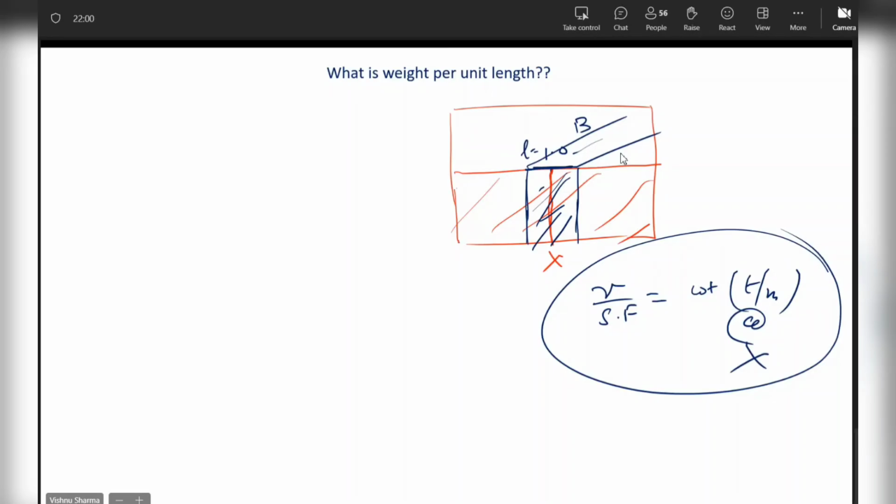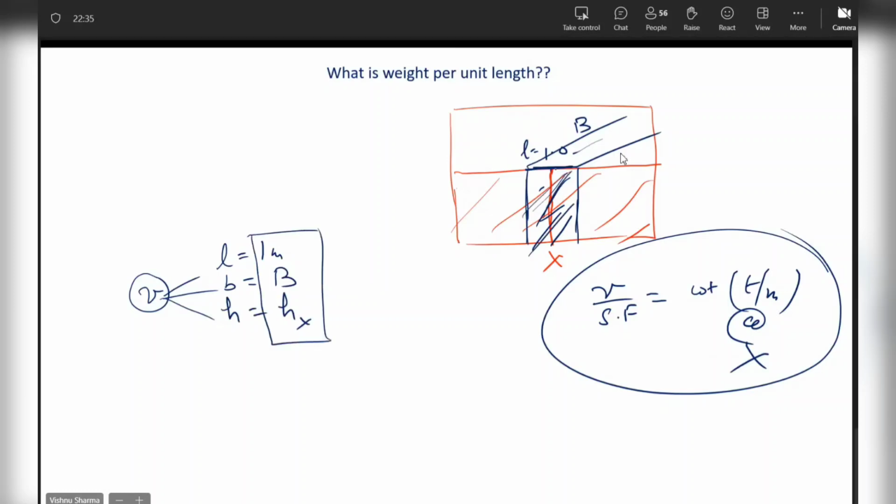No problem. It is the weight of the cargo that will be contained in the volume whose length is 1 meter, breadth is the breadth of the ship, and height is equal to the height of the cargo at X. When you multiply these, you get this volume, yes or no, beta? Yes, sir.